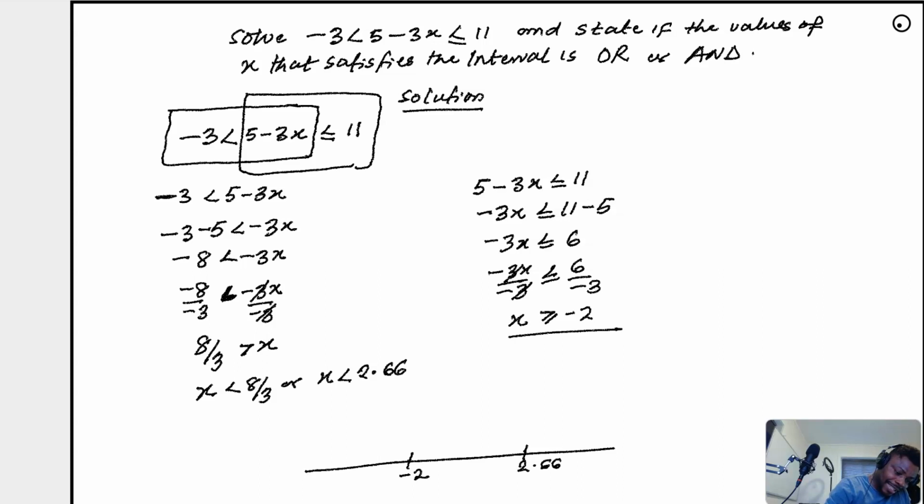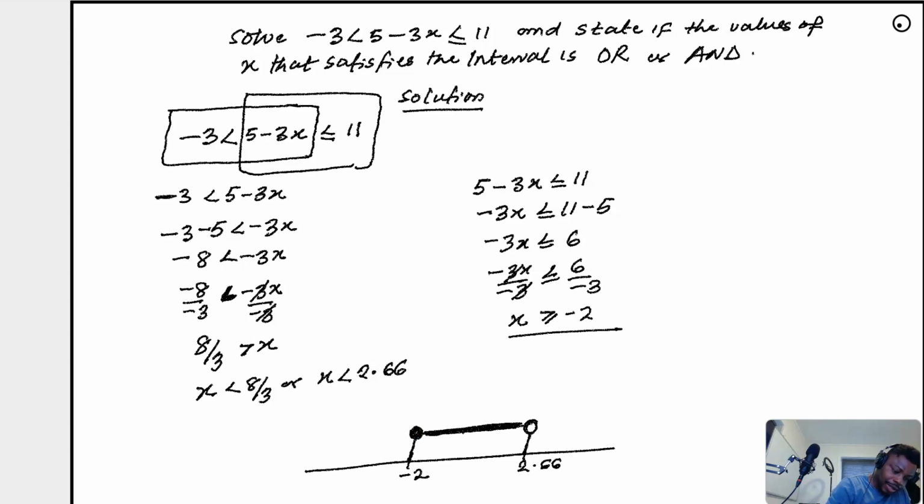So x is less than, so it's open or shaded. Okay? And it goes this way. And x is greater than or equal to -2. Greater than or equal to, you already know, is shaded. That means it's closed. And it goes this way. So it combines with this one.